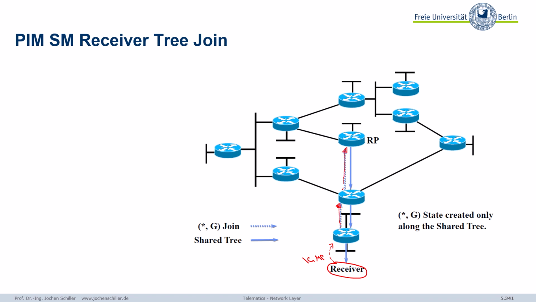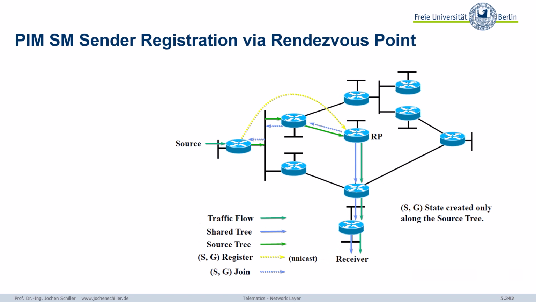And after that, we have established this part of this tree, which we'll later then use to forward our multicast traffic. So now we have the shared tree, and the routers along this tree, they have to store state that there's a receiver of this multicast traffic. What happens next? Well, if there's interest in this subtree, we have to send the join message towards the source.